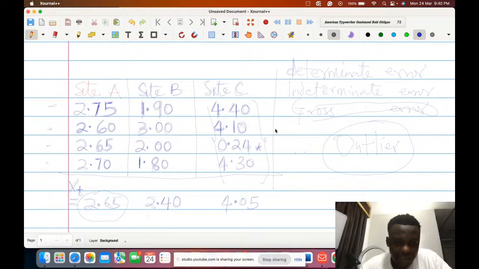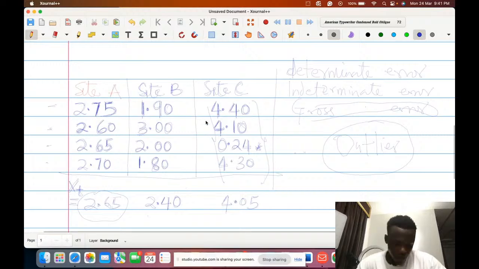So you can see site A is determinate error because it is characterized by closeness of the measured value to the true value. Site B is indeterminate error because it is characterized by random variation of the values. Site C is gross error because it is characterized by an outlier, which is 0.24.